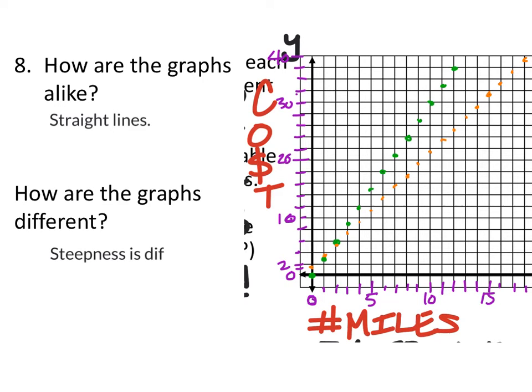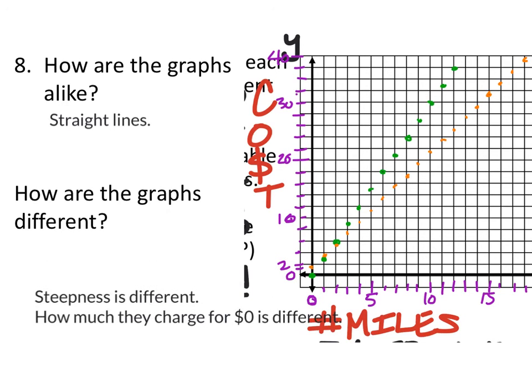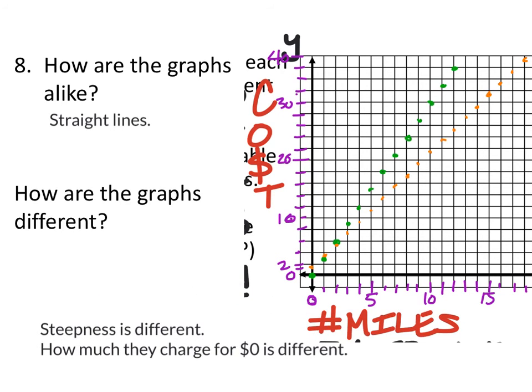Steepness is different, but not only the steepness, how much they charge for $0 is different. Bam, there we go. I'll move this down so we can see that a little bit better. Okay, and that's the main thing we want to see.